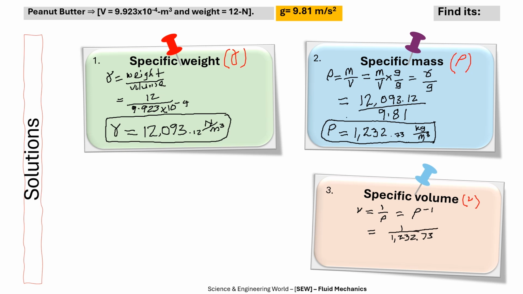So specific volume of peanut butter is equal to 8. Let's put in all of this into a calculator. That's 8.112 times 10 to power minus 4.